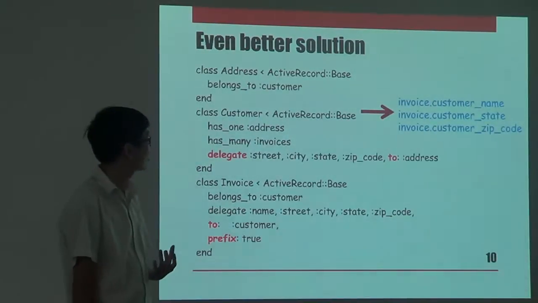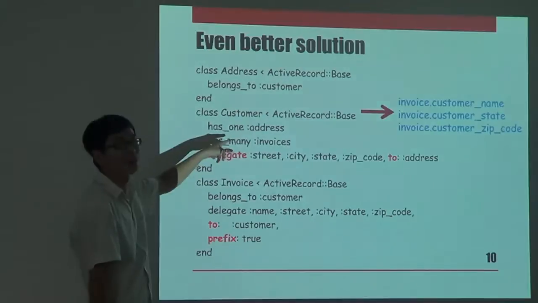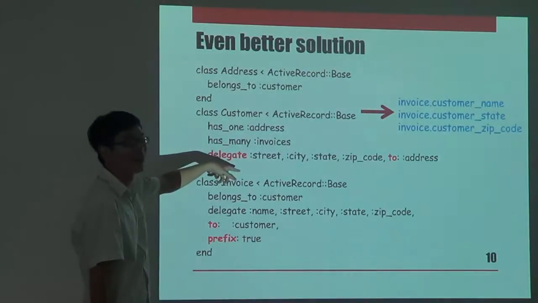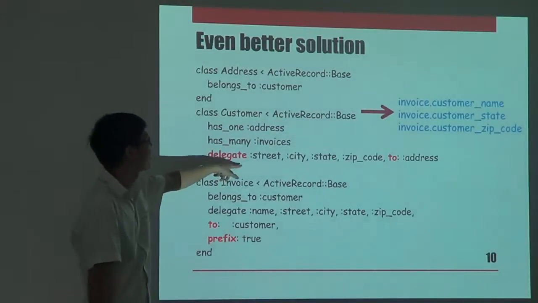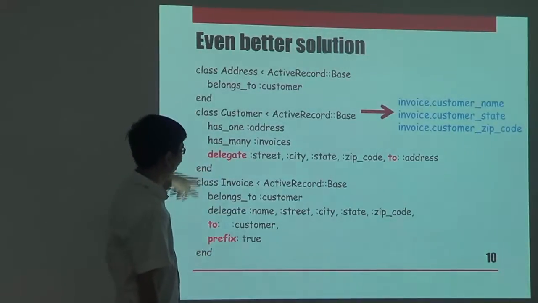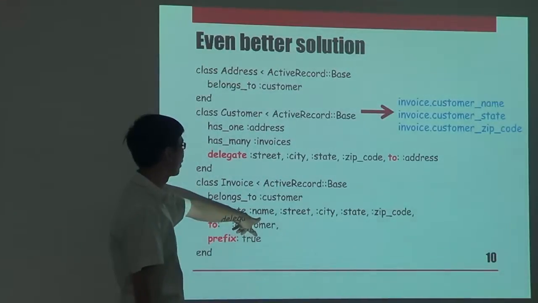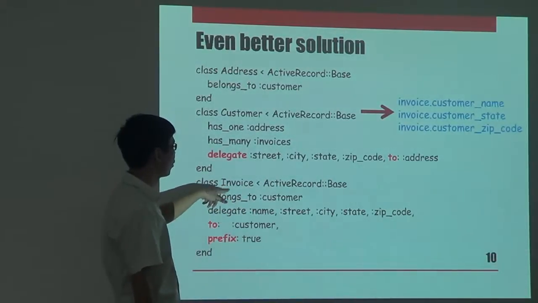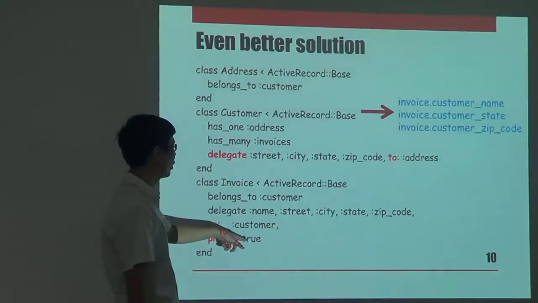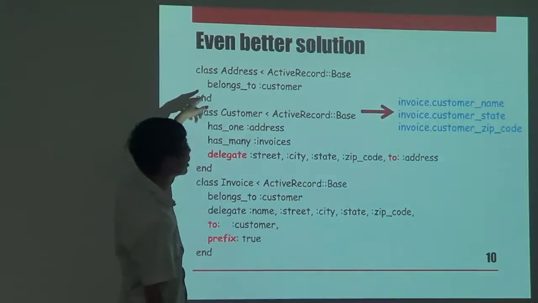It means that, for example, when you call street over a customer object, it will redirect this to the address. And for example, when you call the name of an invoice, it will redirect this name to the customer. And when it redirects the name to the customer, it will redirect to the address.